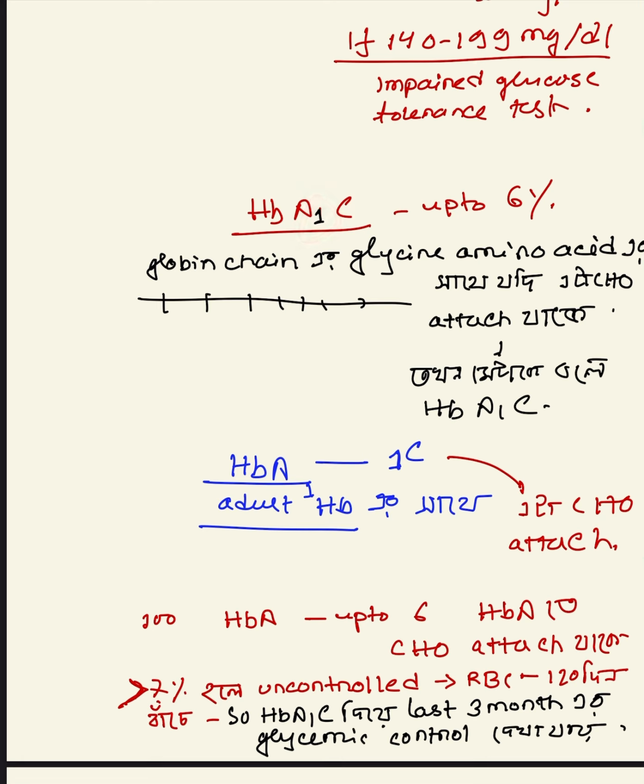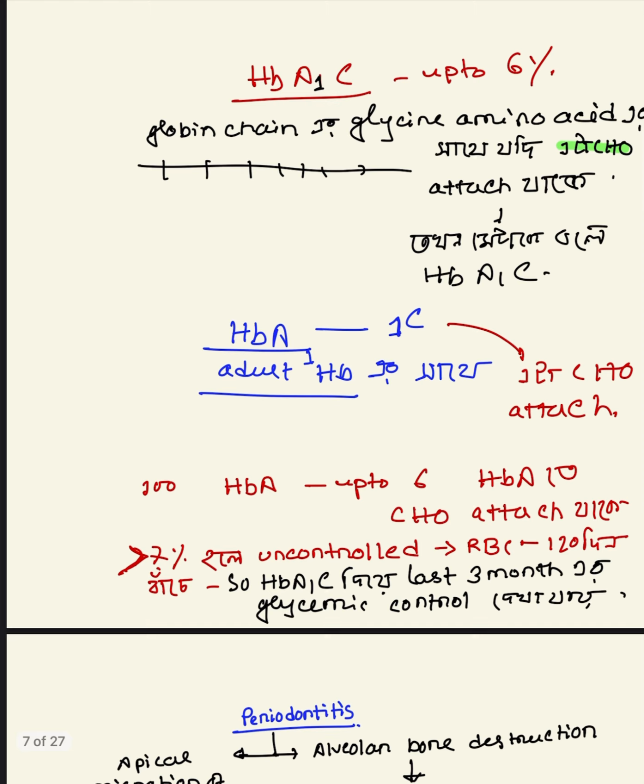So hemoglobin has globin chain. The globin chain has glycine amino acid, and with this amino acid the carbohydrate molecules get attached, so then we call it HbA1c. Among 100 hemoglobin A, up to 6 can remain attached with carbohydrate.